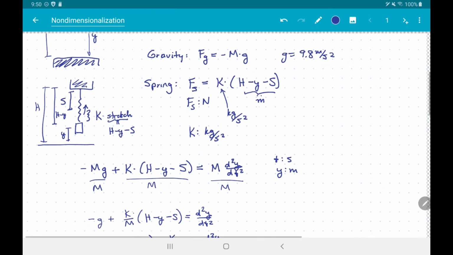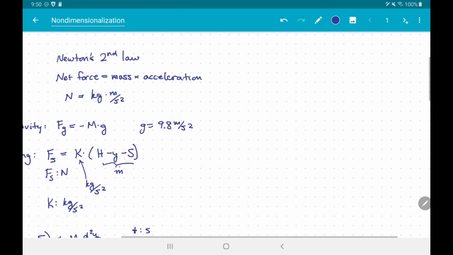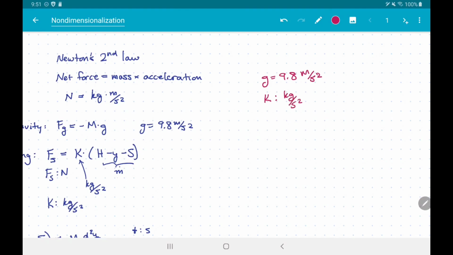So, for example, if we're looking at this problem that way, let me switch to a different color. We have the gravity constant, which is 9.8 meters per second squared. We have k, which, we don't have a specific value, but it is in kilograms per second squared. We have h and s that are in meters, and then we have time that's in seconds.